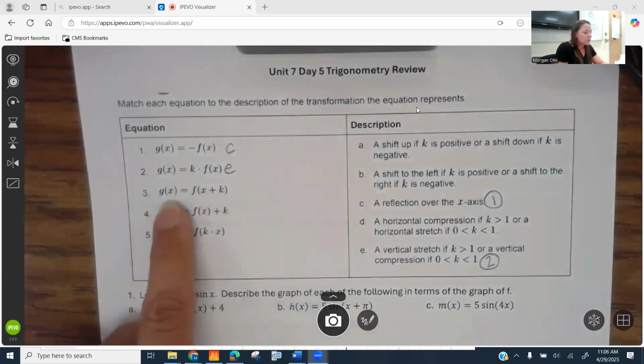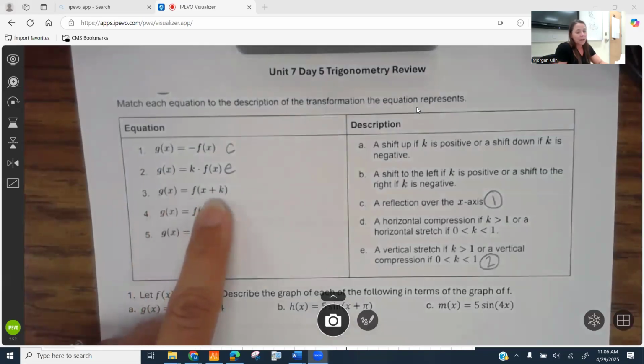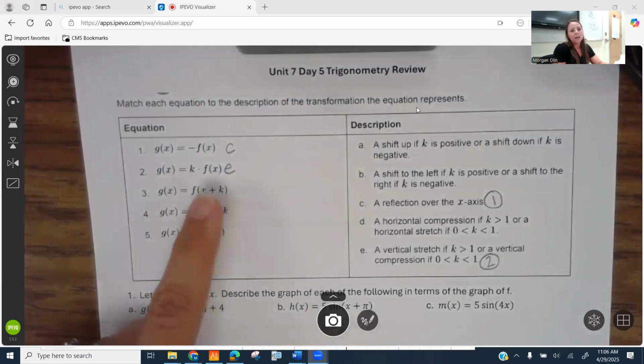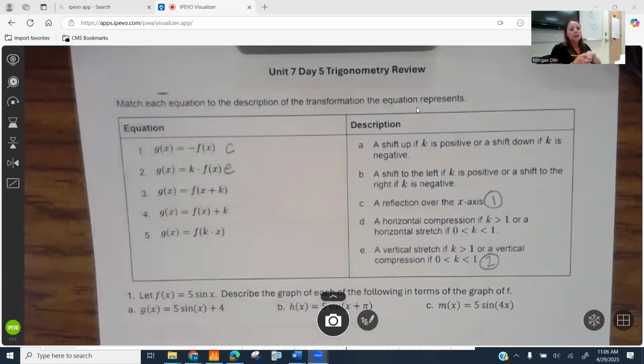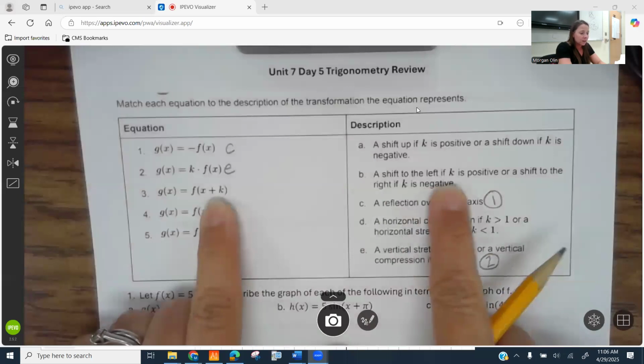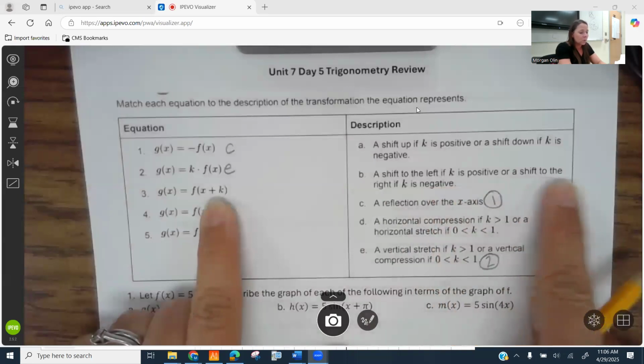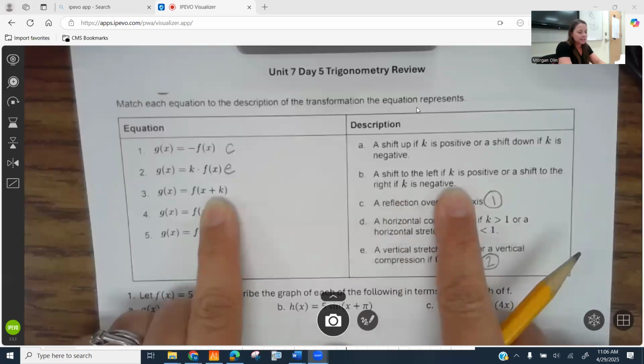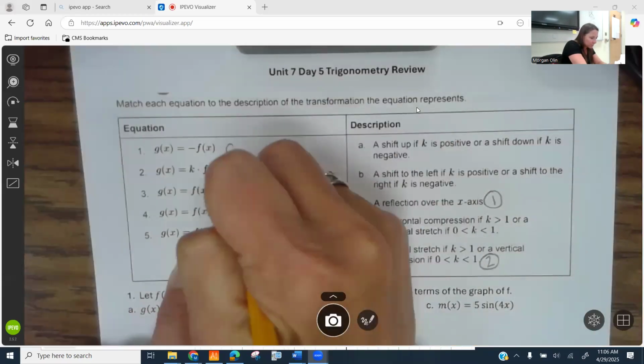All right, now number 3, x plus K. So the K value right here, a lot of times we say x minus K, but here, this is what it does. It shifts left and right. Anytime it's a plus K, it's going to shift left, or shift to the right when K is negative. So this is going to be B right here.